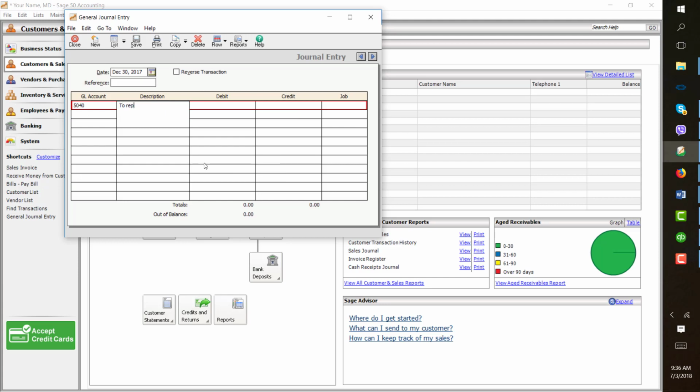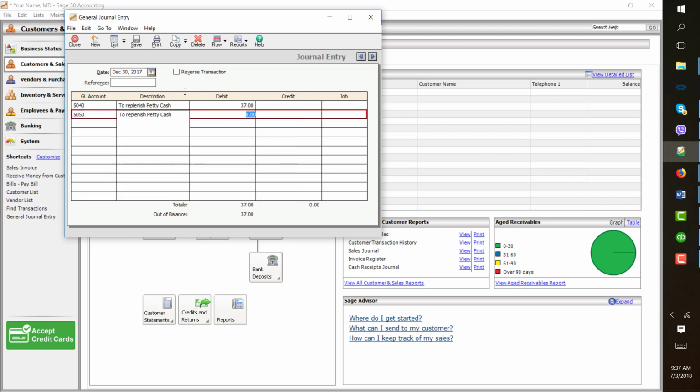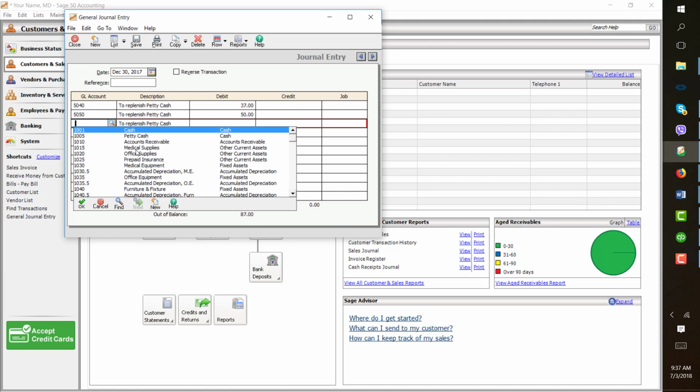So you are debiting the postage and delivery expense to replenish petty cash, and the dollar amount is $37 for this first debit. You have another debit, and that represents the computer repairs, and you want to use the repairs expense account. So that will be the account to select for $50. Another debit is to office supplies, and applying the principle of consistency in Chapter 2 we have been recording all our purchases to the office supplies asset account.